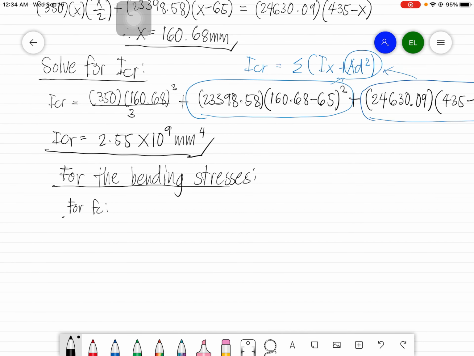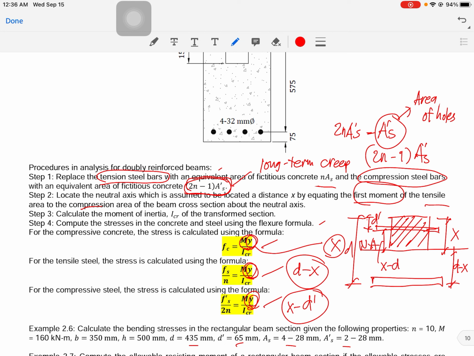Then for the compression steel, this is d prime, then the value of y here is x minus d prime. I hope the values for y are already clear now with regards to the illustration.